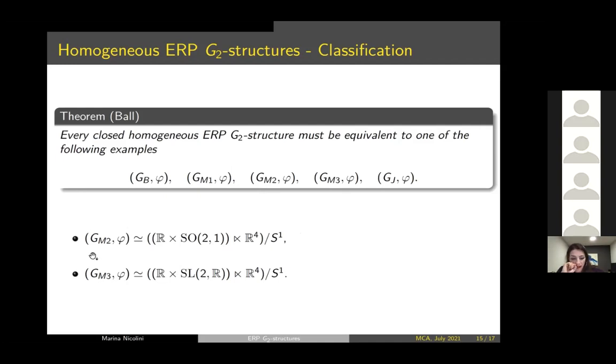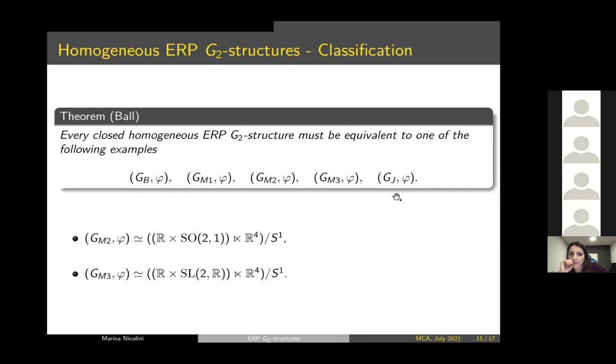And also, I think I have time, so I didn't write anything, but I want to tell you that since Bryant gave this example as a homogeneous space, and from that presentation, it admits a compact quotient. So there was only one example of a compact ERP G2 structure, but last year, Jorge Lauret, in a joint work with Ines Kath, found the lattice on this unimodular example, the only unimodular example.